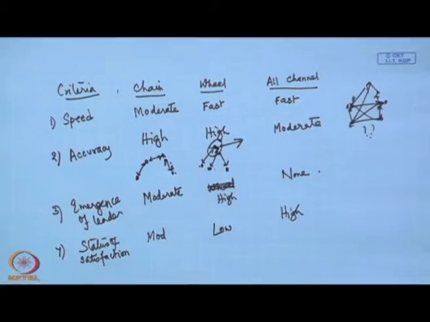With this knowledge of media richness, data capacity, reflective listening, and how things work as part of wheel, chain and all channels, and with this knowledge of communication media and their networks, we move to the next level of discussion, where we try to see what the communication processes and systems are when we are talking of communication at the organizational level.